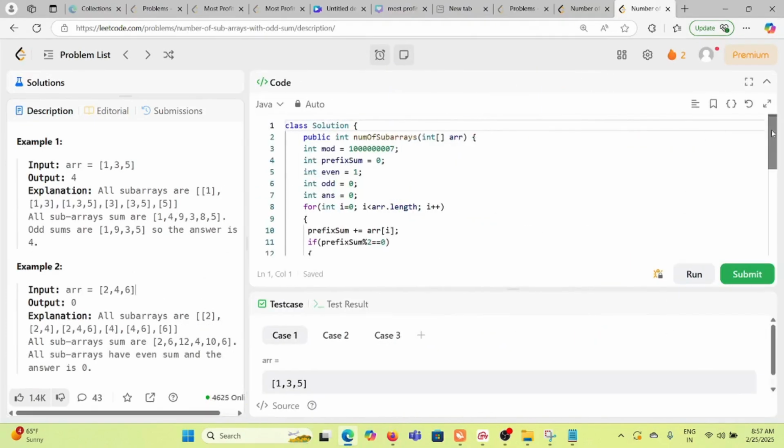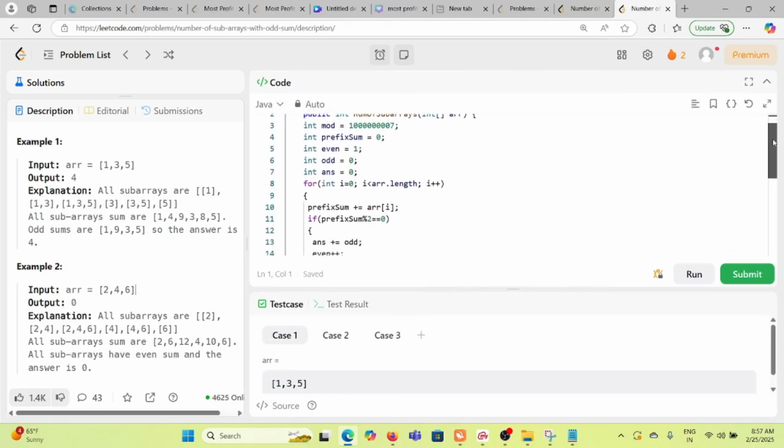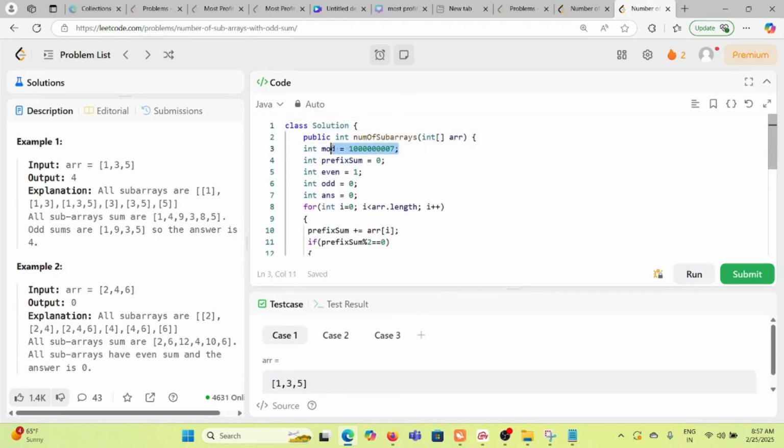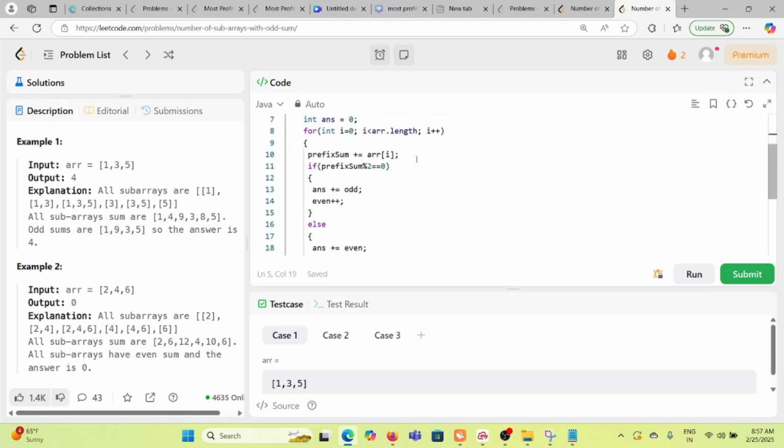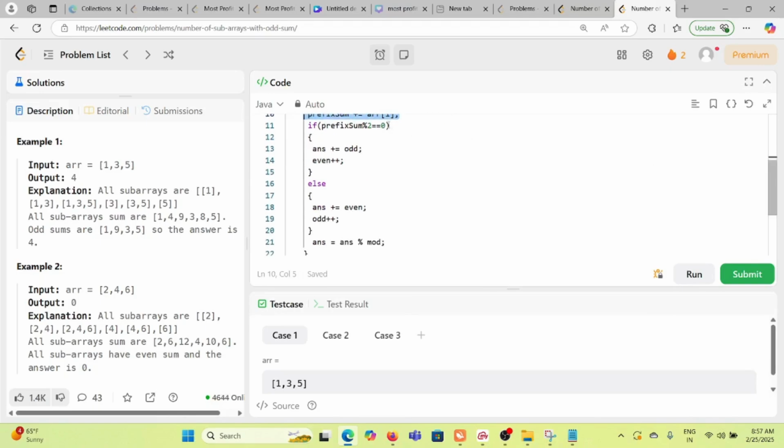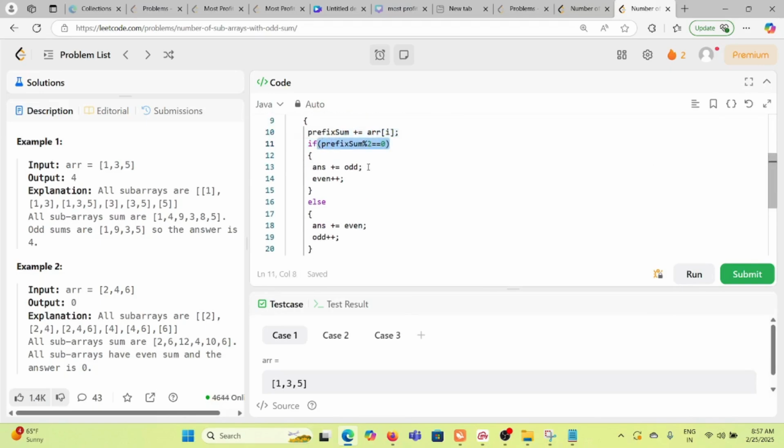So see here, in the question it is given that the number could be very high, that is why we are taking the modulus with this number. Now these are my variables, you can see even is started with the value 1. Now using one for loop, we keep on summing the prefix. Whenever we find the prefix as even, we do answer equals answer plus whatever is the odd count, and we increase the even count because we have found the prefix sum as even.